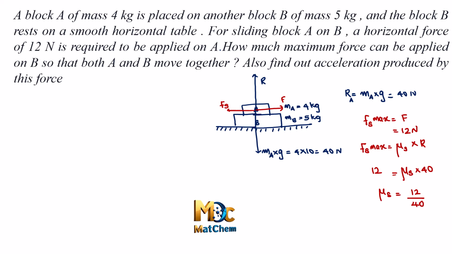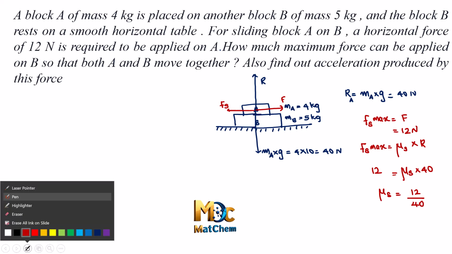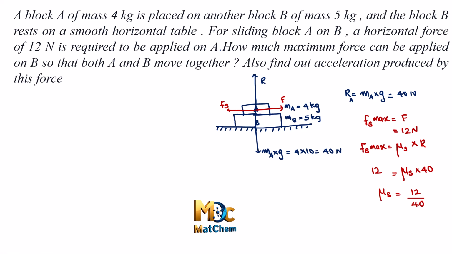Otherwise, one will slide over the other. So if you take the total mass, M total will be equal to the mass of A plus the mass of B, that is 4 kilogram plus 5 kilogram, total equal to 9 kilogram.